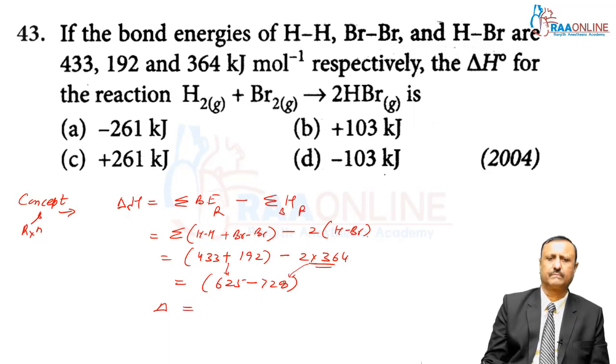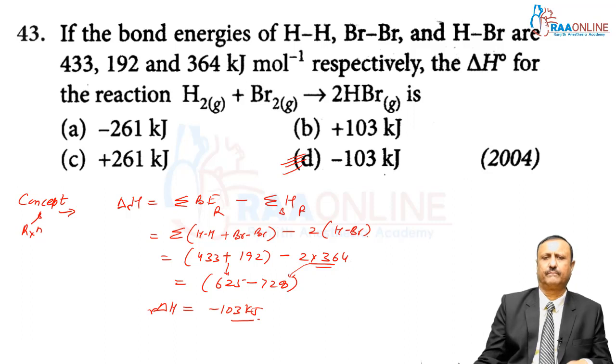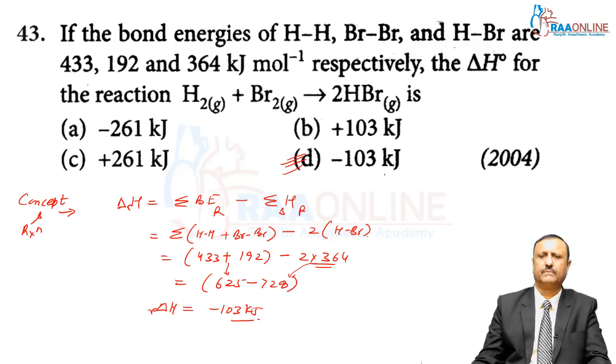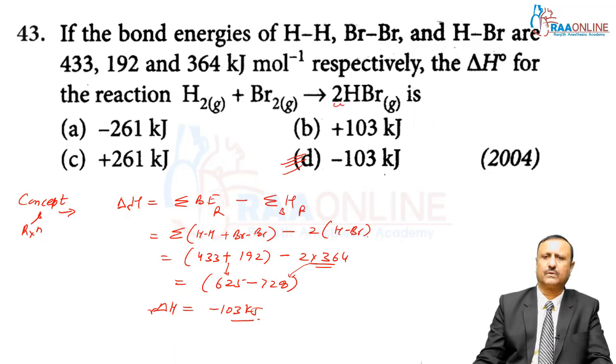So, you can get the heat of reaction equal to minus 103 kilojoule. So, my dear students, your answer is D, and you can solve in this way by this formula. This formula was also used in a previous exam. The same question is there, but 2 moles of HBr are present. So, you cannot take 1 mole, you take 2 moles in the product.